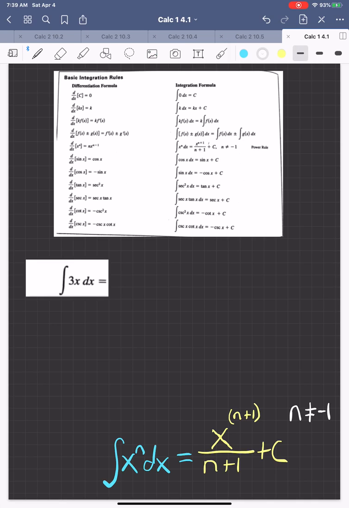So what we want to do is find the antiderivative of the following derivative, or you might hear me say just simply integrate. These are two different ways of me asking you to do the same thing. So the directions are find the antiderivative, or the directions are integrate the following, either one.